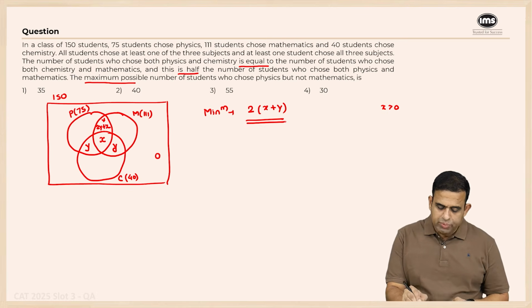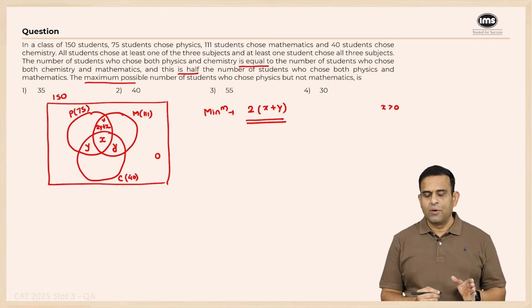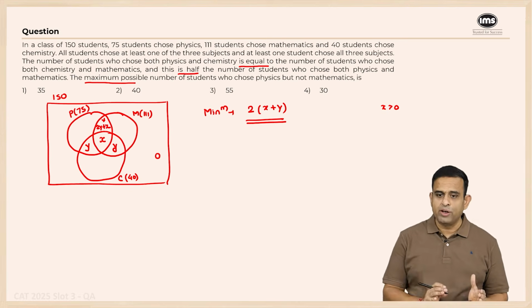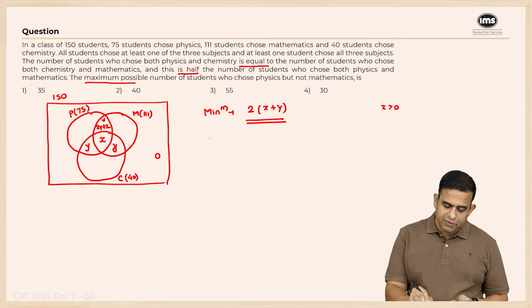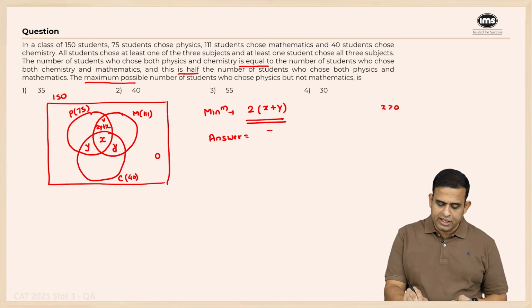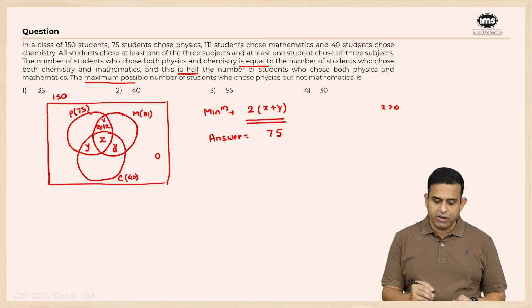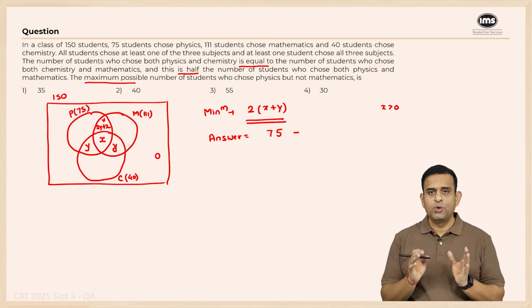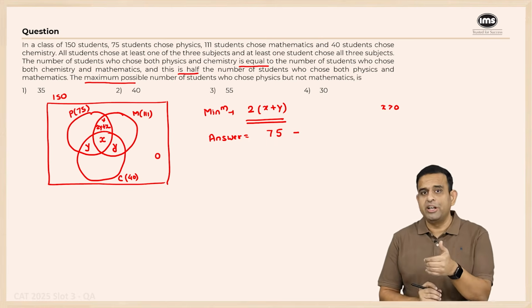This part needs to be minimized. Now understand, we have to find out the complement of this. So the required answer which I am looking for needs to be equal to, one can say, the total of this is 75, out of which you can say twice of x plus y people have also taken mathematics.